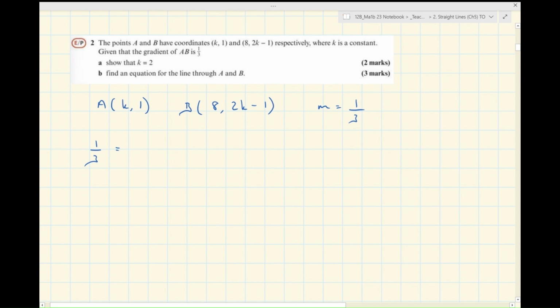So I'm going to do the difference in the y coordinates, b take away a. So that's going to be 2k minus 1, take away 1. And the difference in the x coordinates, again, b take away a. Right, let's simplify that. So a third is going to equal 2k minus 2 over 8 minus k.